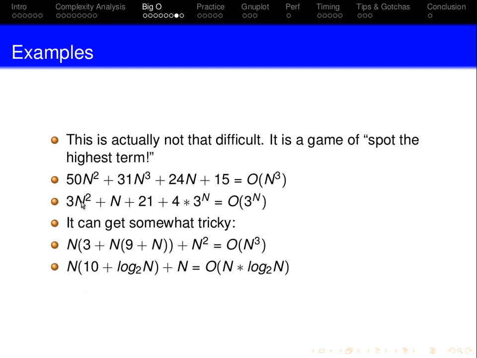This one is 3 to the n. Do these make sense? It can get somewhat tricky. For example, if you don't multiply everything out, it may not be obvious right off the bat what it is, but you multiply it out into the third, sorry. And the next one, n times log n, would be the largest term.